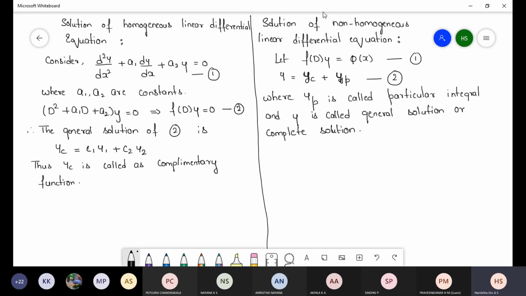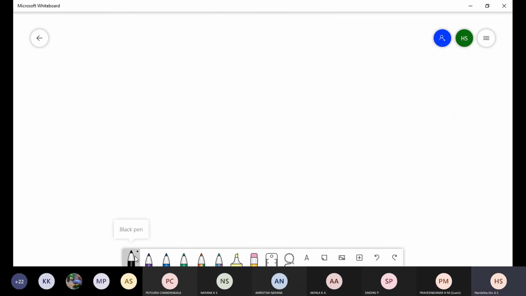Now let us see some conditions for the complementary function. Method of finding the complementary function. So write down the conditions.